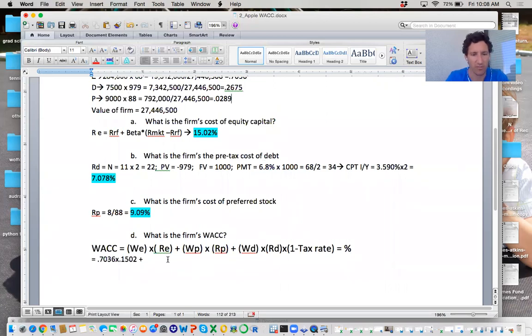Okay, so our weight of preferred stock, 0.0289, times our cost of preferred stock, 0.0909. Almost there. Weight of debt, 0.2675, times cost of debt, 0.0778.